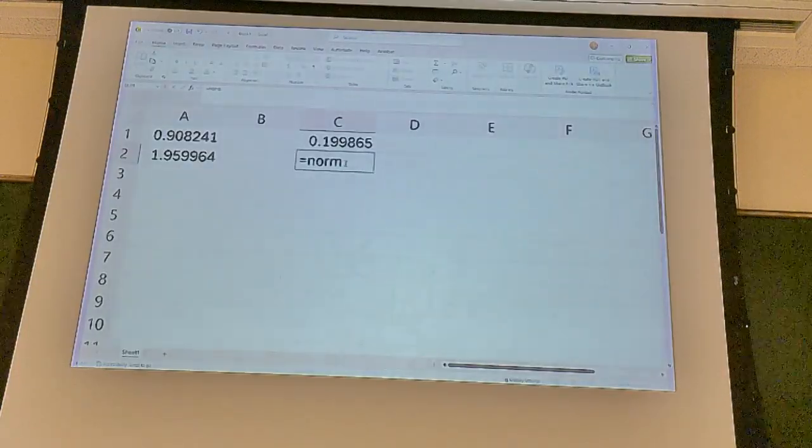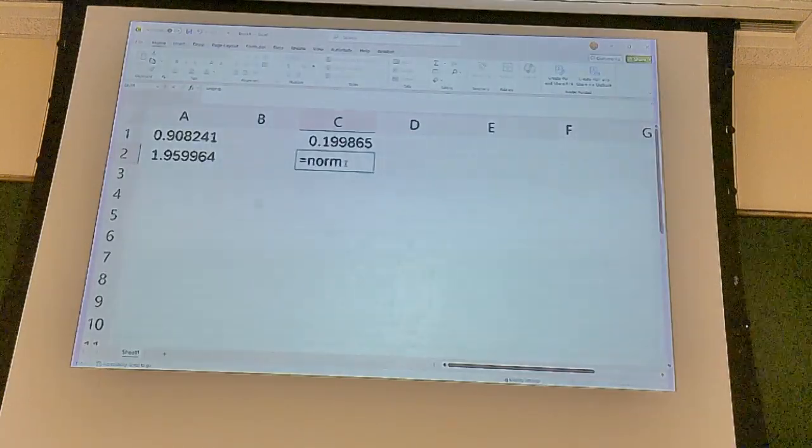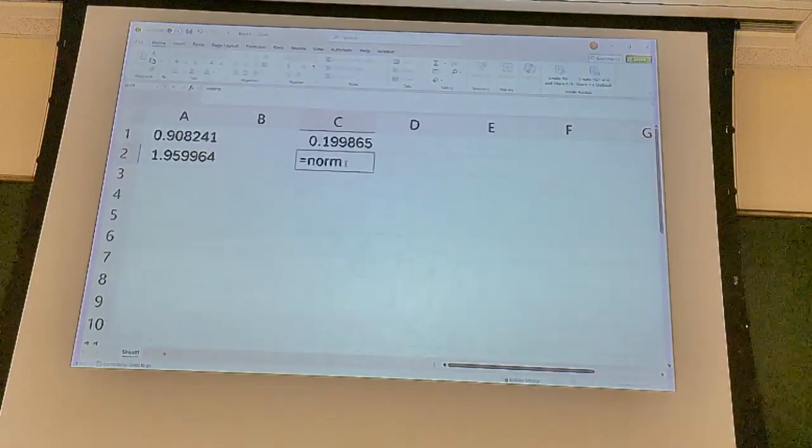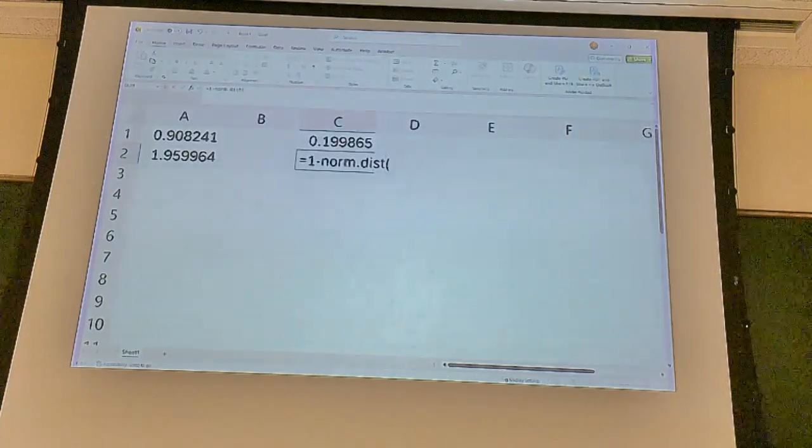It's going to be 1 minus the normal distribution.